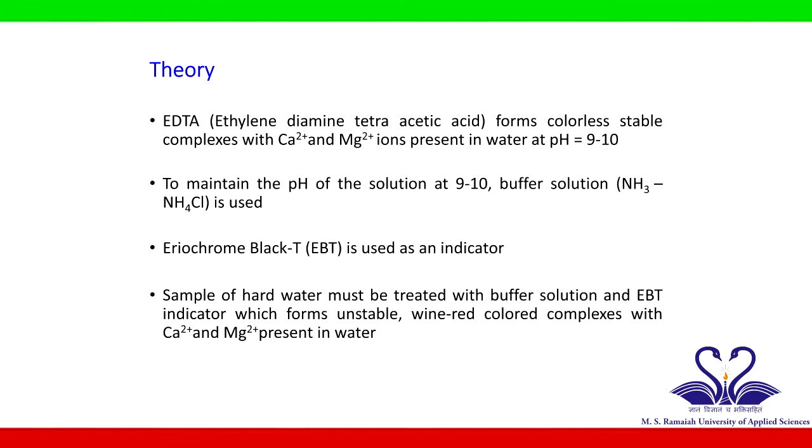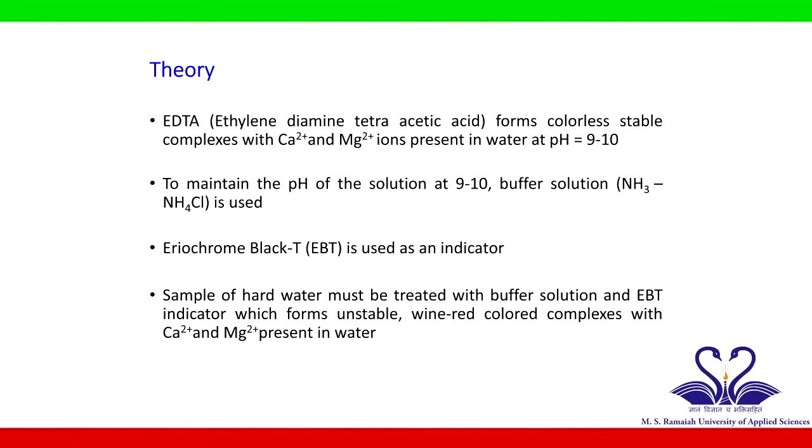To maintain the pH of the solution at 9 to 10, a buffer solution of NH3-NH4Cl is used. Here, the metal ion indicator eriochrome black T, that is EBT, is used as an indicator.